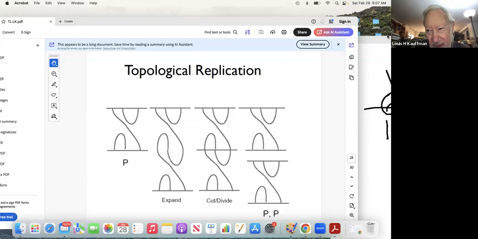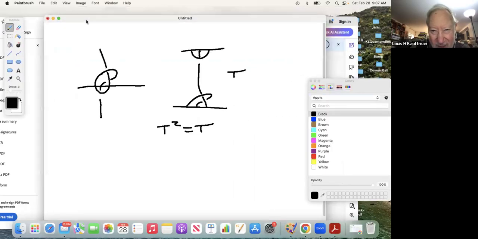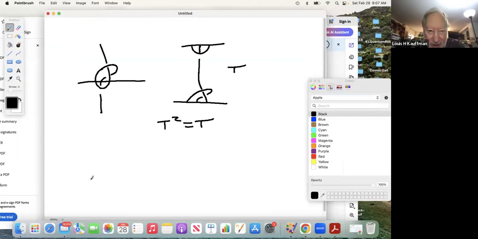Another example of a context in which that happens is the following.